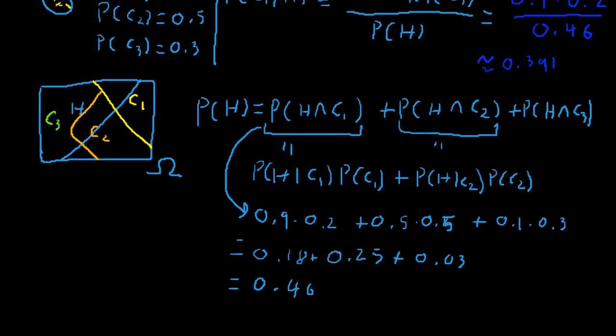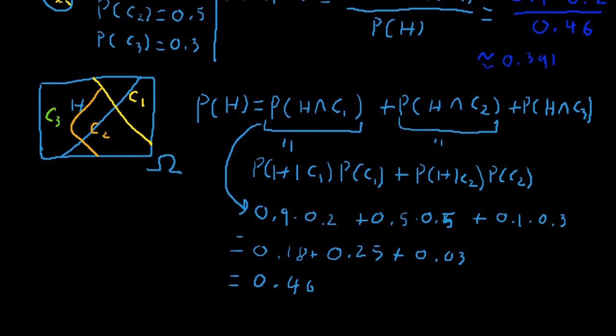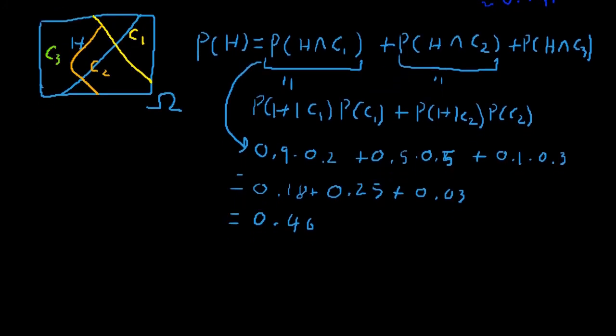So, generally speaking, what have we learned here? We've used the law of total probability to solve a Bayes rule problem.